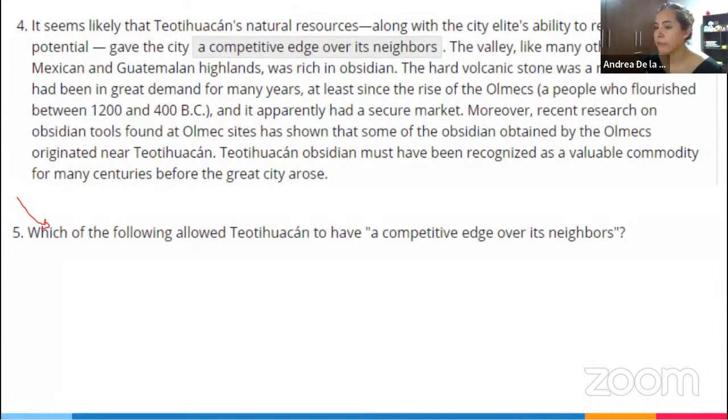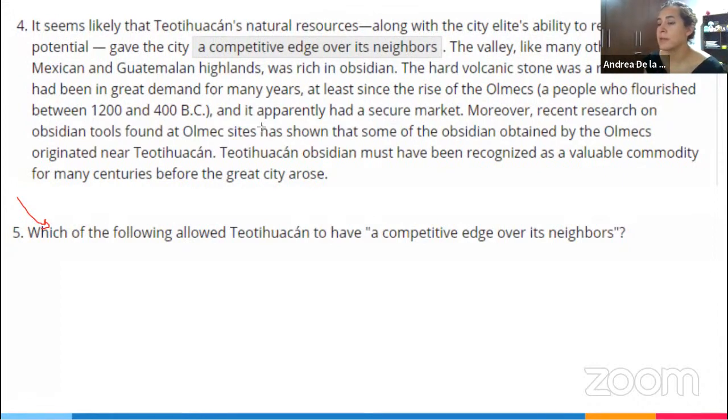So, which of the following allowed Teotihuacan to have a competitive edge over its neighbors? You need to make it easy to understand. What allowed Teotihuacan to have a competitive edge over its neighbors, an advantage over its neighbors, right? That is the question. Now, after you have read and understood the question, the next step is to find the keywords in the question.